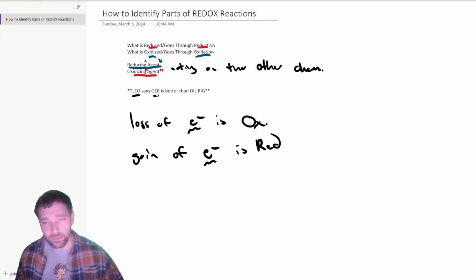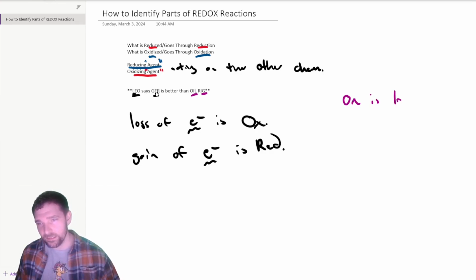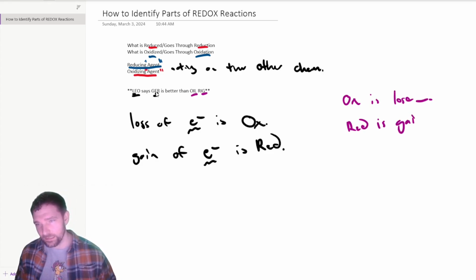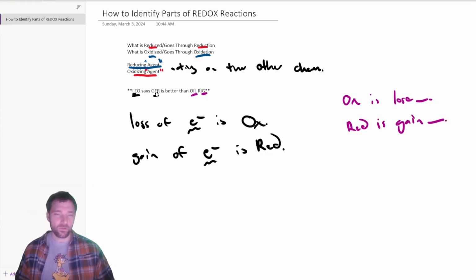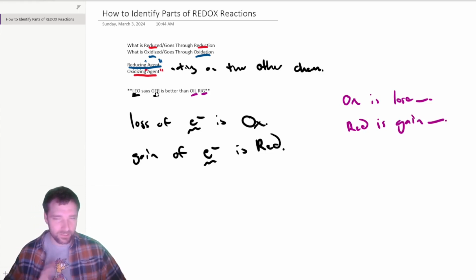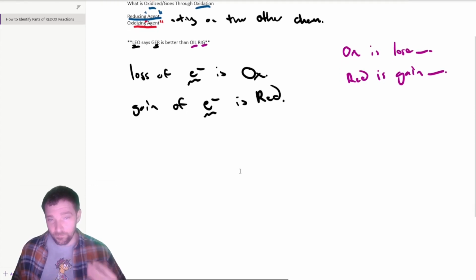So it's important that we clarify the electron with the E that's present in both of these. "OIL RIG" is not as good because it says oxidation is loss, but loss of what? And reduction is gain, but gain of what? So I don't like OIL RIG as much as LEO says GER for that reason.